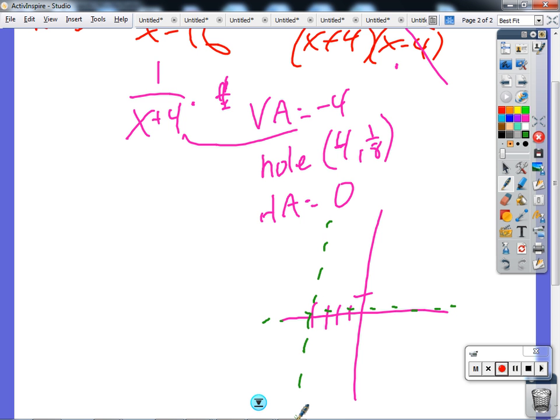Okay, so we still take 1,000,000, that is positive, so therefore it looks like that. But at 4, 1, 2, 3, 4, I'm at an 8. I put a circle or a hole, because I cannot use that number. That's the only difference. Okay? There's an open circle there.